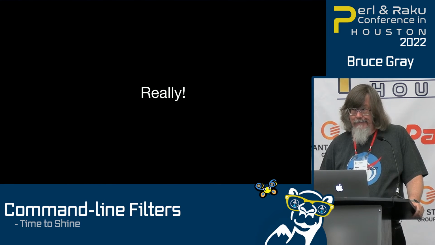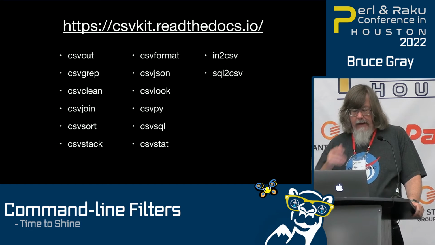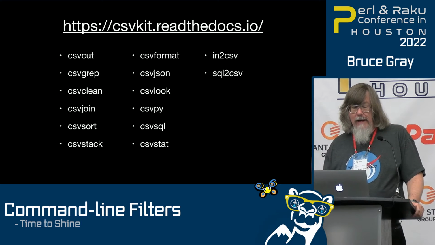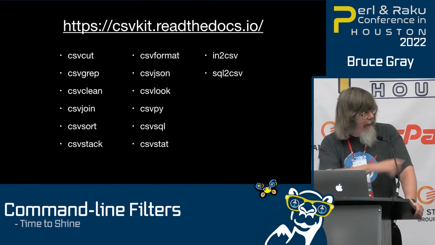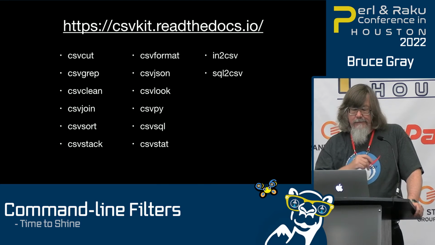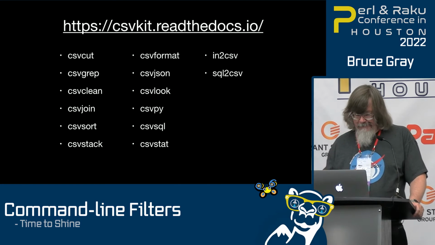Real-world examples. CSV Kit is a package of command line tools to manipulate CSV files. Every one of those is written as a filter in Python.